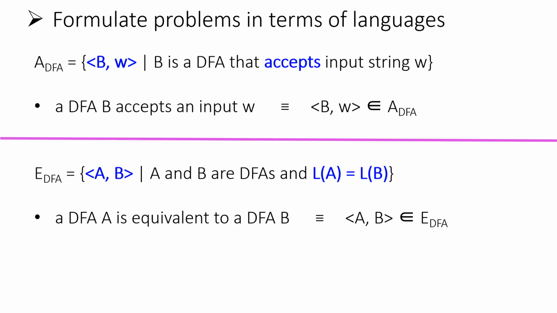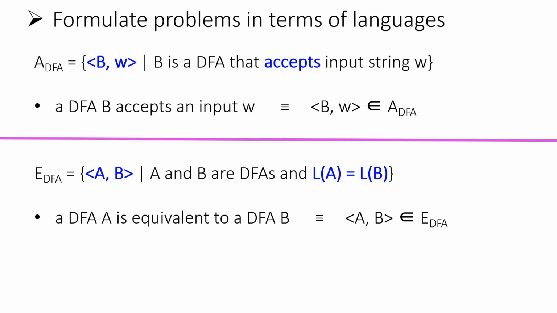Once we have the coding, we can turn machines into strings. Now the problem of testing whether a DFA B accepts an input string W is the same as testing whether BW is a member of the language A_DFA. B accepts W if and only if BW is in language A_DFA.